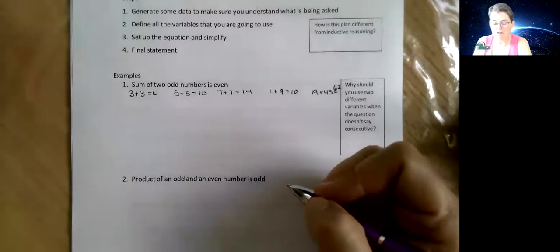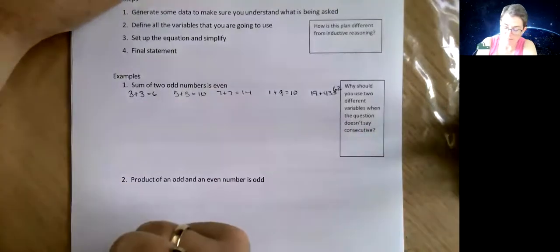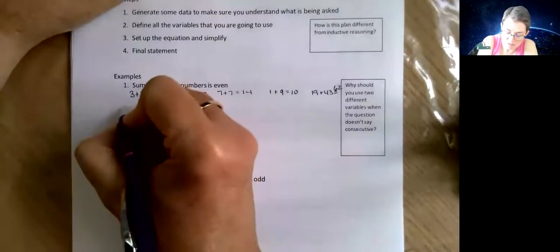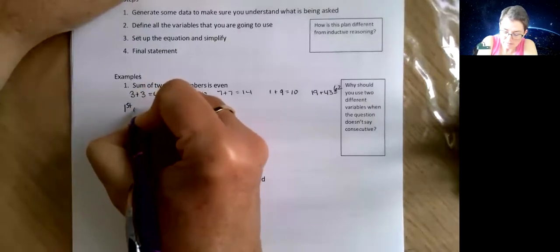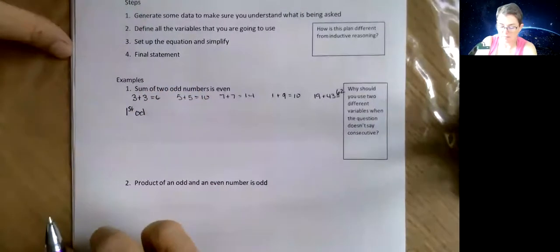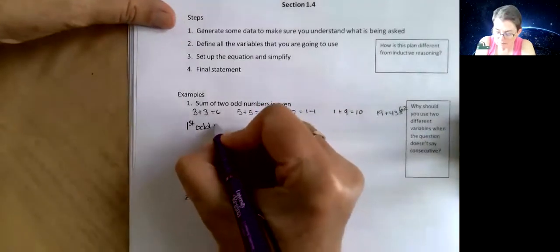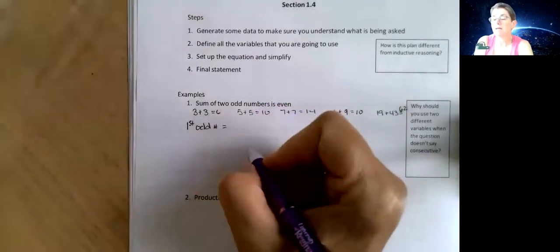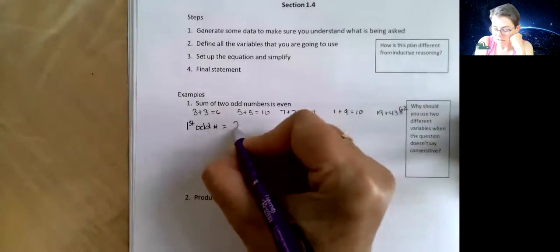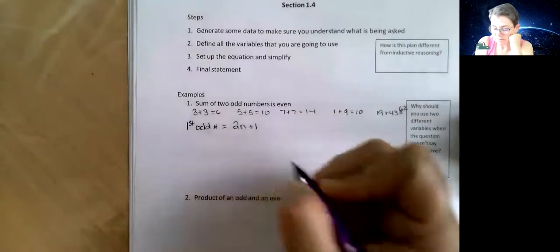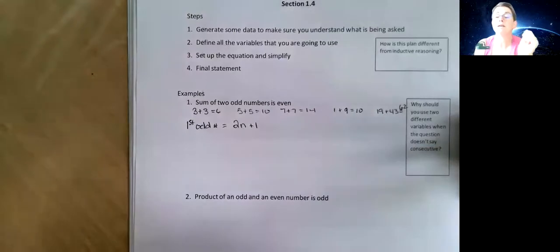Now we need to do, we need two odd numbers. So first, let me move this a little bit closer. Odd number. And an odd number is always an even number plus 1. You can use whatever letter you want there.